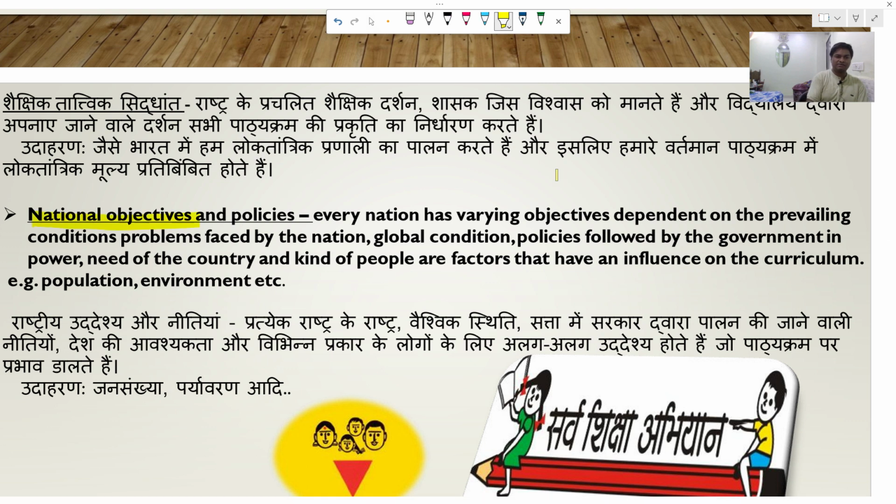National objectives and policies. Every nation has varying objectives depending on the prevailing conditions, problems faced by the nation, global conditions, policies followed by the government in power, need of the country and kind of people, which are factors that influence the curriculum: population, environment.